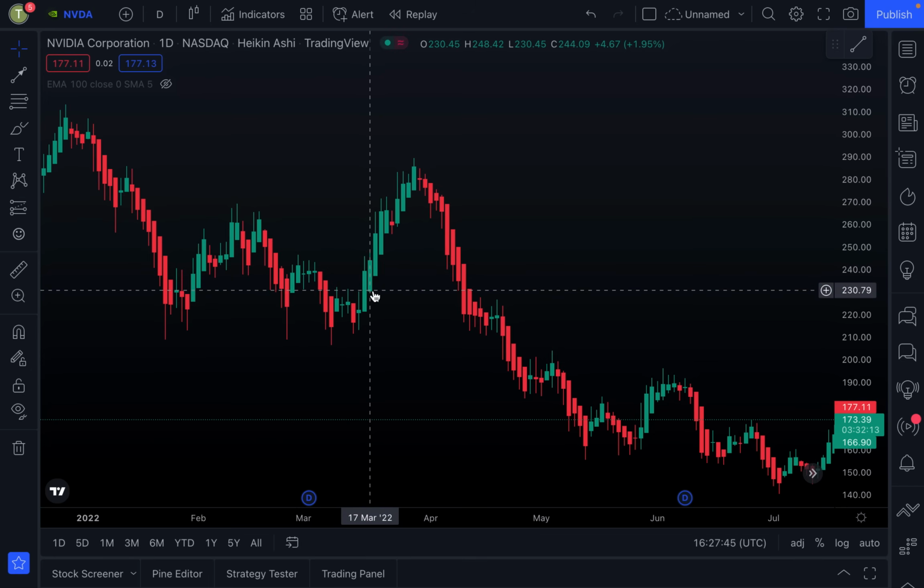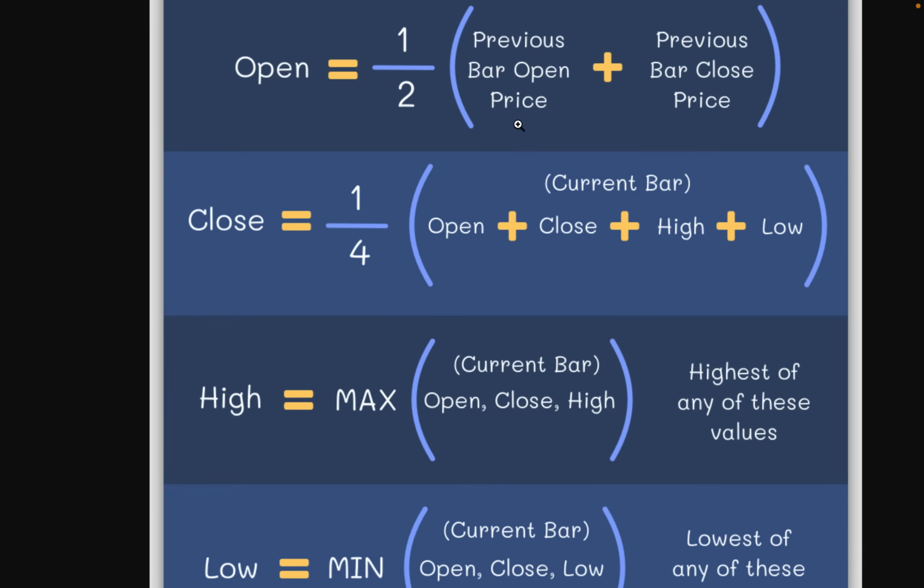The open is calculated very easily. It's basically going to be the midpoint of the previous bar. If we take a look at where this candle opened, it is literally the midpoint of the previous bar. The exact formula is: you take the previous bar open price plus the previous bar close price, and you divide it by 2. That's how you calculate the open.